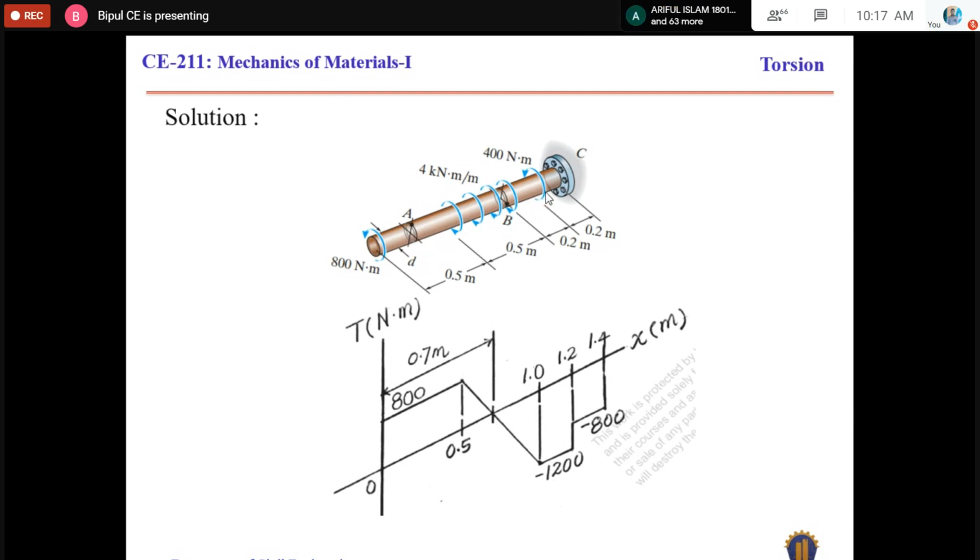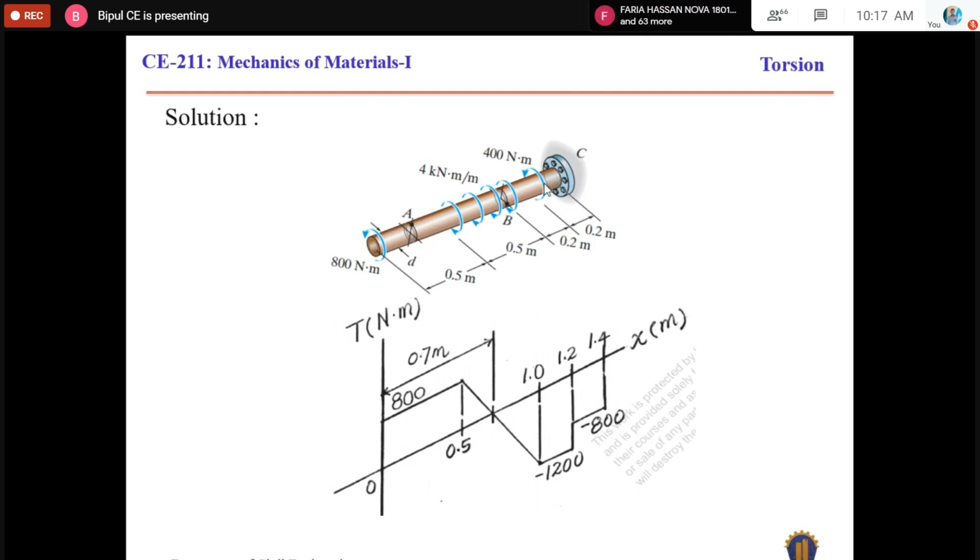Okay, and then come to here, and when you reach this point, there is another 400 Newton meter torsional force, and that is anti-clockwise. So it will be positive again. So at this point, actually you will get 2 points: one just left of this point, and one just right of this point.